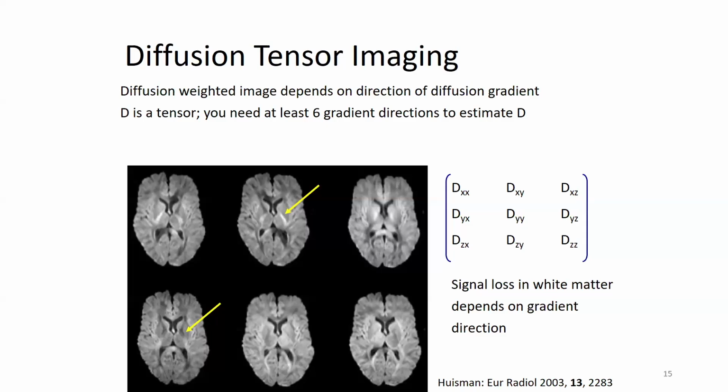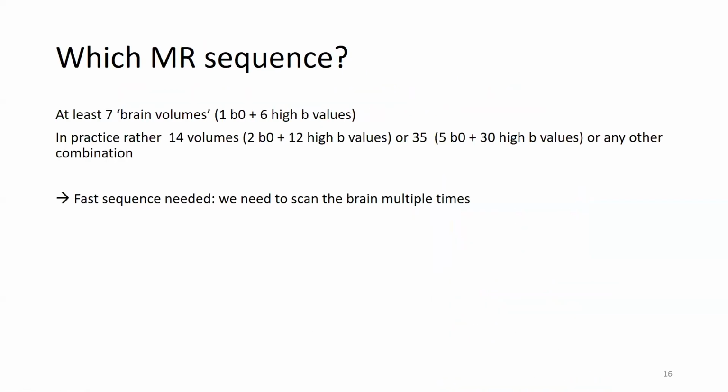It's important that the amount of signal loss depends on the actual gradient direction that I used. It means that for each gradient direction, I need a different image. And not just the one slice that I showed, but the whole brain, of course.